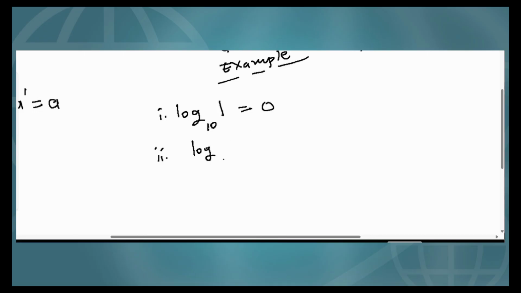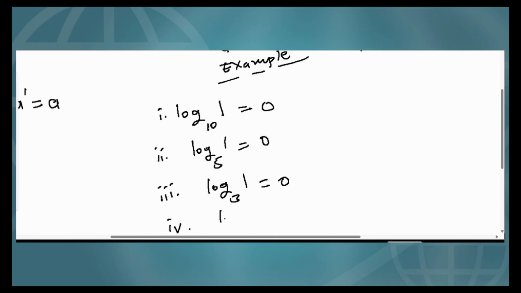Log of 1 base 5 is equal to 0. Log of 1 base 3. See, once it is log 1, don't even think of anything. Just know that the result is 0.